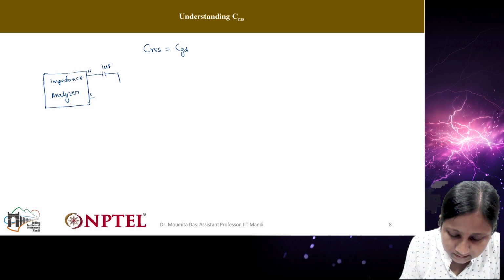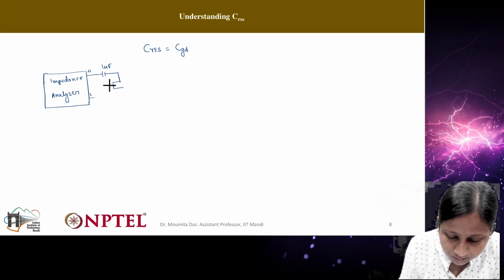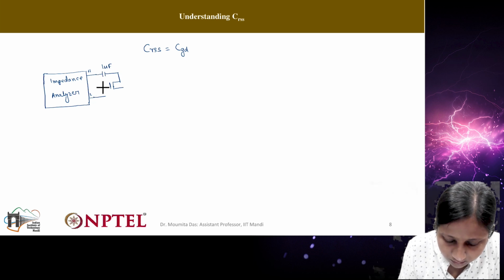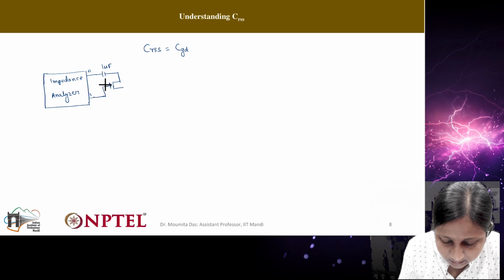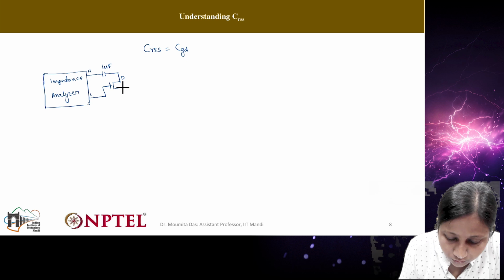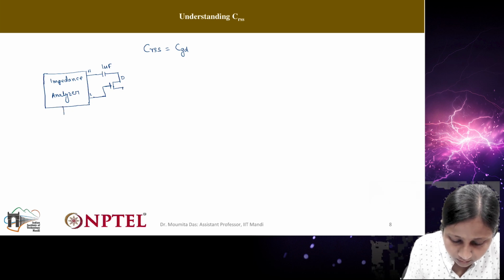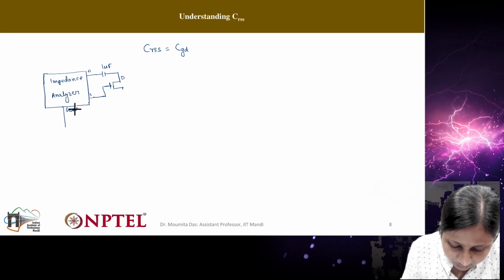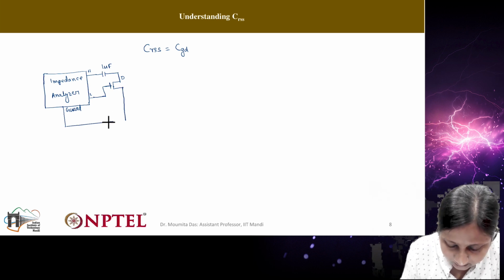Then the device drain will be connected, and then the gate. This gate will be connected to the lower terminal, and as I told you, the source will be in floating condition. So there will be one point where this can be connected to the guard of the impedance analyzer. There this source point will be connected.